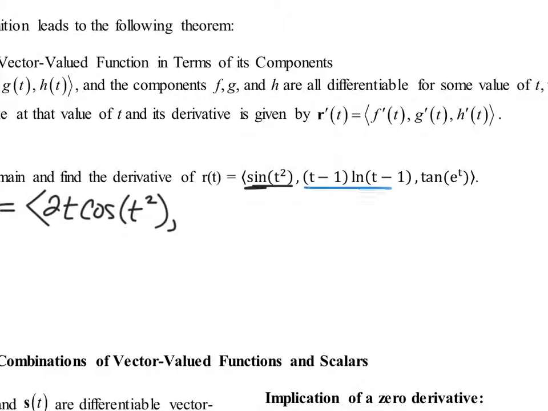This guy is a product here, so that's fun. So we'll do first times the derivative of the second. So t minus 1 multiplied by the derivative of the natural log of t minus 1, which would be what? 1 over t minus 1, plus the second times the derivative of the first, which is just ln of t minus 1.